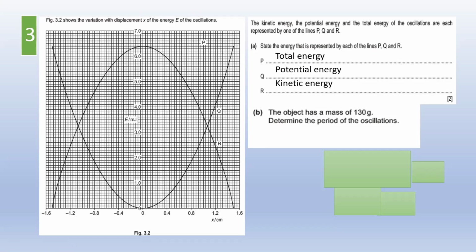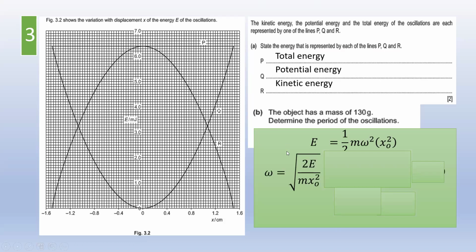Okay, good. The object has a mass of 130 grams. Determine the period of oscillation. Okay, how do you solve this question? Half m omega square x naught square. Use the total energy formula, half m omega square x naught square, because you can read the total energy easily. And subject omega.